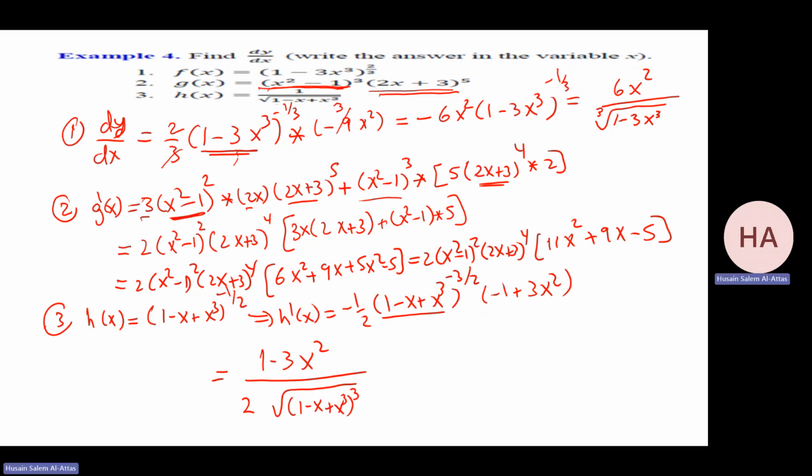Yeah, this is minus half. This is in the denominator. It's 1 over this, that's the square root of it. So it's minus half this to the power minus 3 over 2 times the derivative of this. Minus times minus, make it 1 minus 3x squared over.